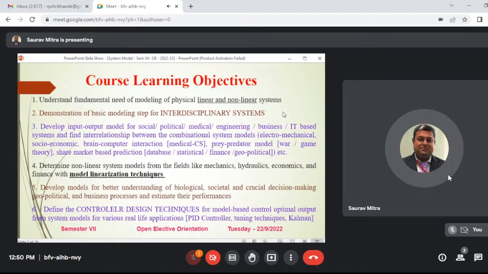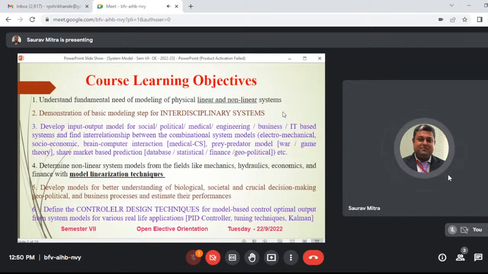What are combinational system models? Where we are mixing two different domains, like electromechanical system modeling, socio-economic system modeling, brain-computer interaction, which is medical versus control systems, or medical versus data analytics, and medical versus computer science.